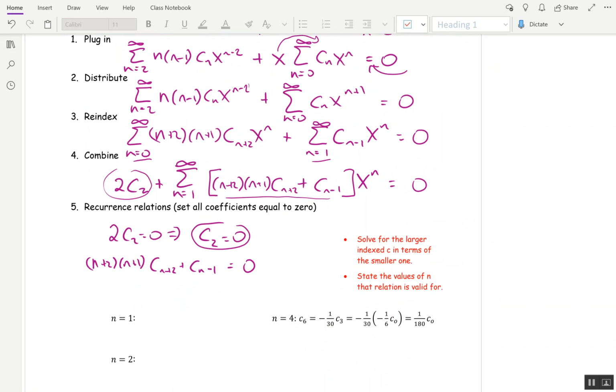Solve that for the larger value, the larger index. So I want to solve for C sub n plus 2 in terms of C sub n minus 1. So I bring the C sub n minus 1 over, and I'll have a negative 1, and then divide by this coefficient. I'll have negative 1 over (n plus 2)(n plus 1), C sub n minus 1.